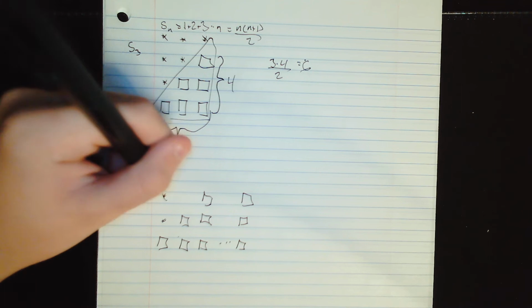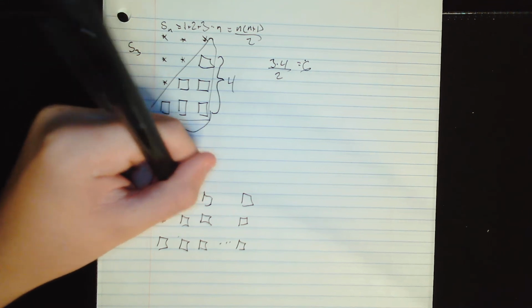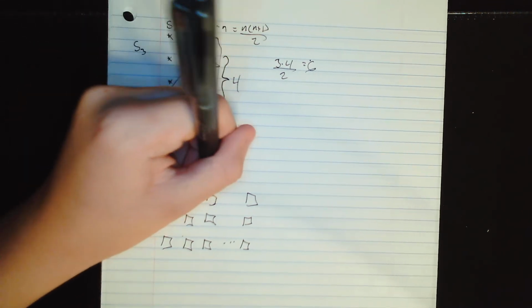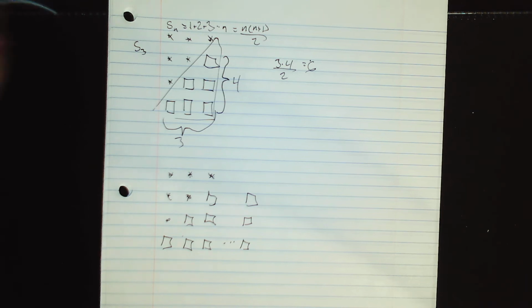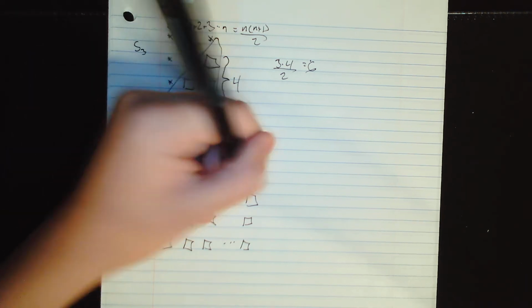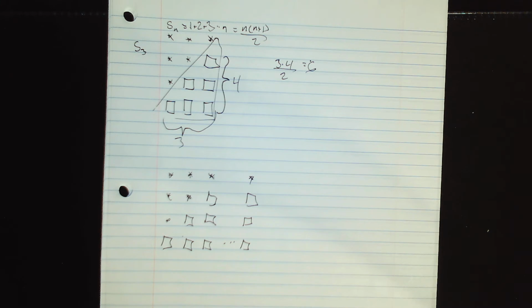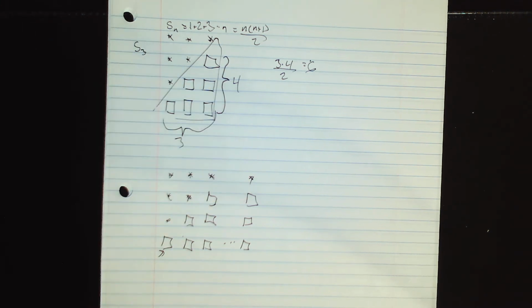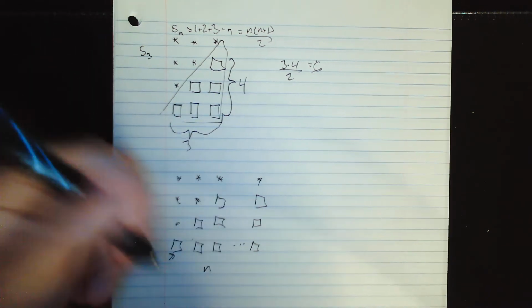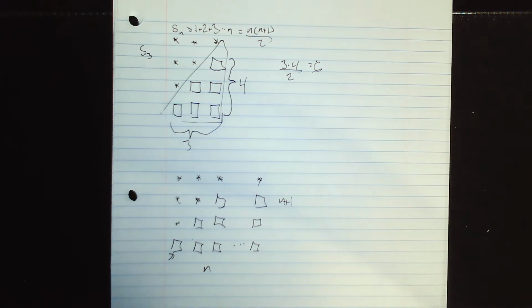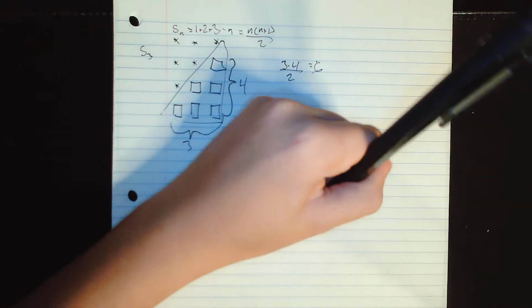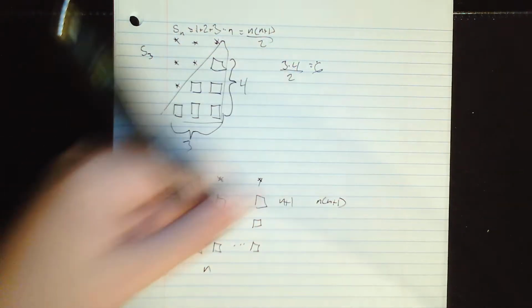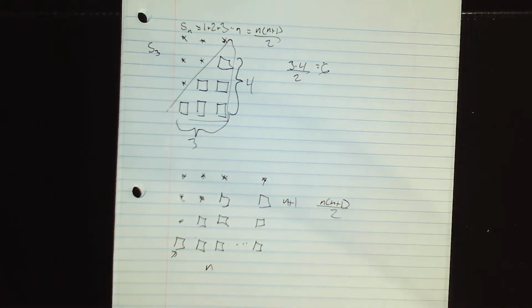So we have the exact same thing as our other example, and then however many n is, plus 1. Because no matter how you flip it, this box right here would always be on top of the last one of n. So we would have our length of n and n plus 1. We divide it by 2, and there's our formula. n times n plus 1, for the entire thing, divided by 2 to get half of what we need.